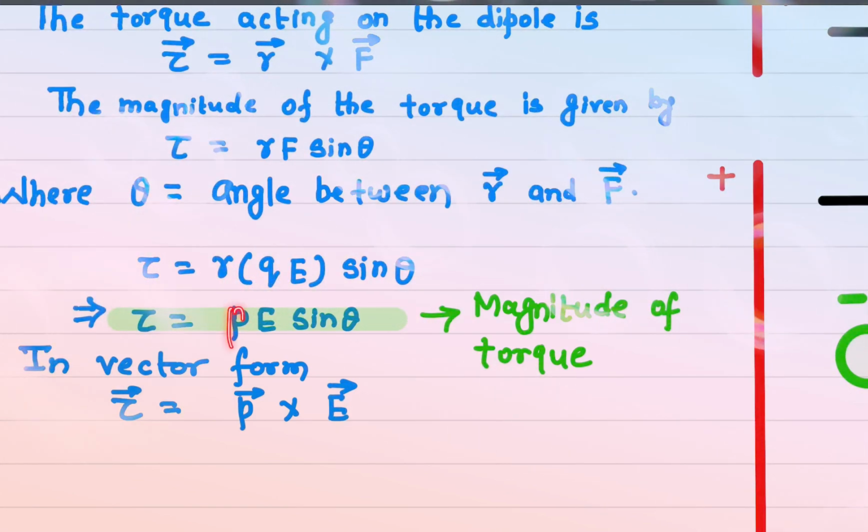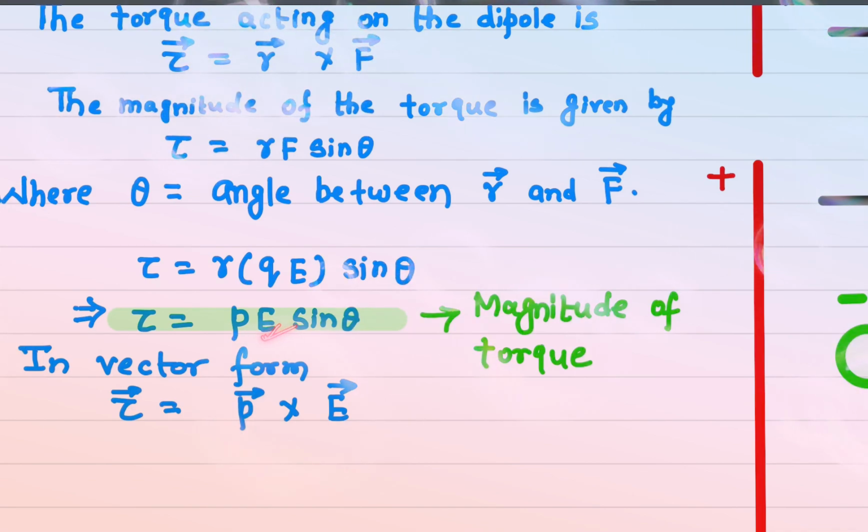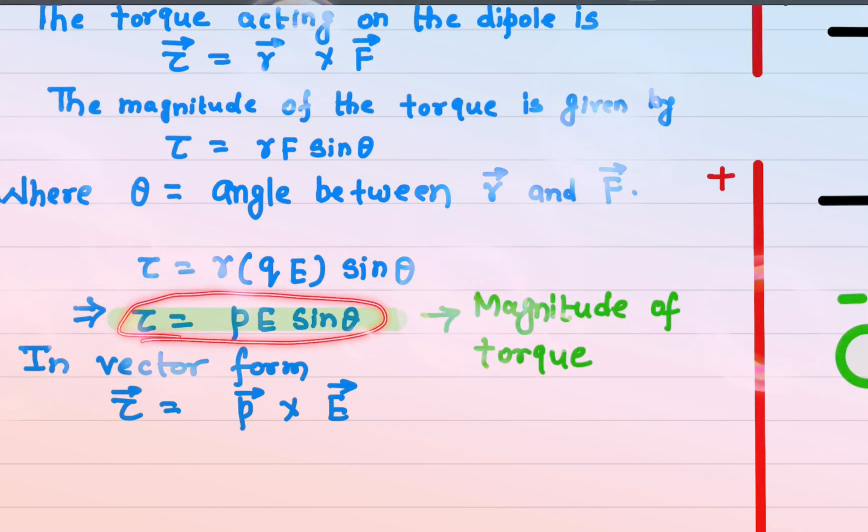So here I'm writing P times E times sine theta. This is the magnitude of the torque acting on a dipole when we place it in an external electric field.